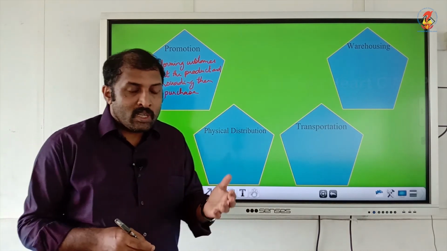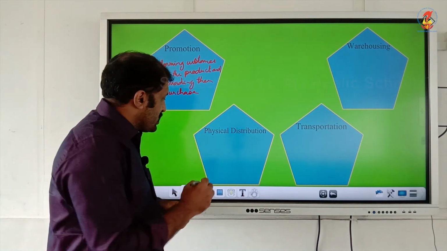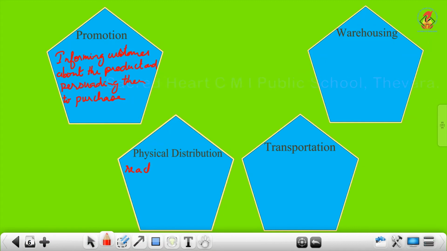After that comes the function of physical distribution. Physical distribution is concerned with reaching of goods from producers to consumers.